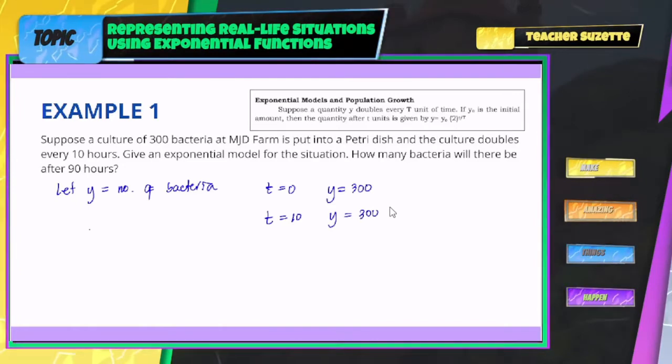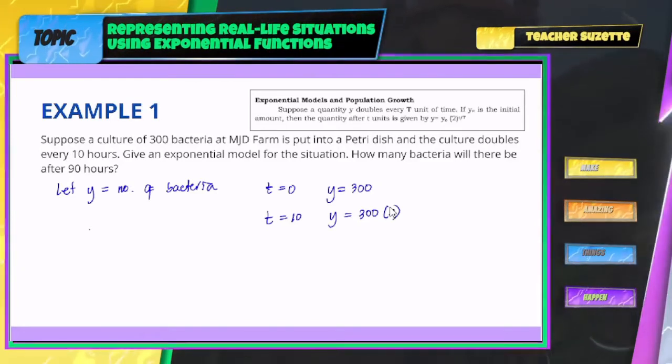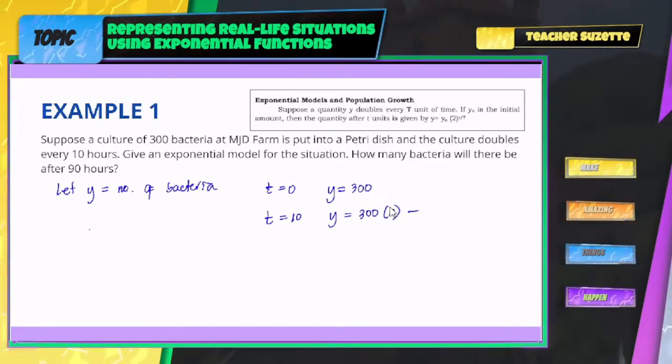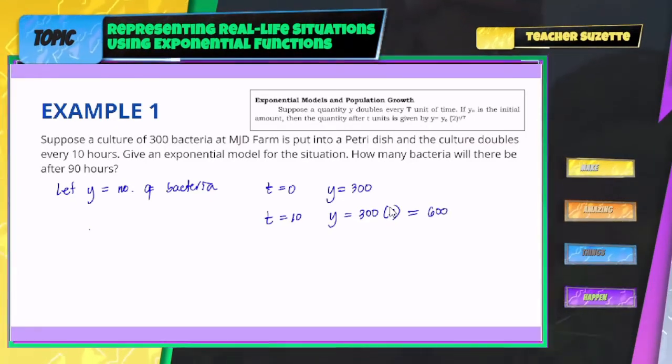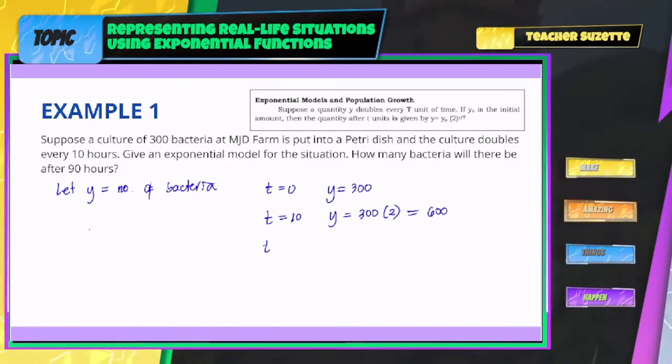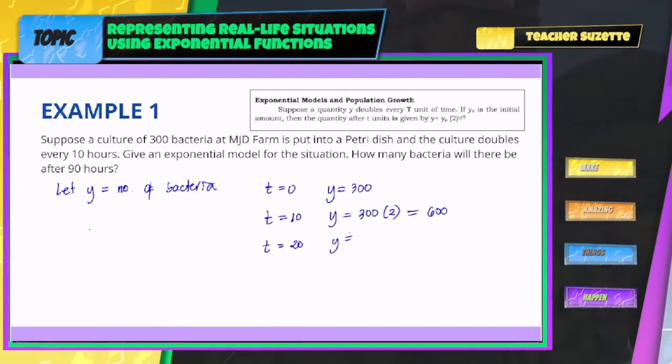The problem says that it will double, so it becomes times 2. So, our number of bacteria for the first 10 hours is 600. Next, how about after another 10 hours? Let's say our t is equal to 20. How many bacteria do we have in our petri dish?